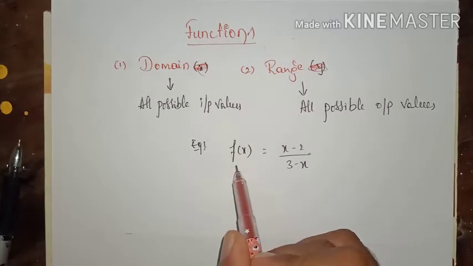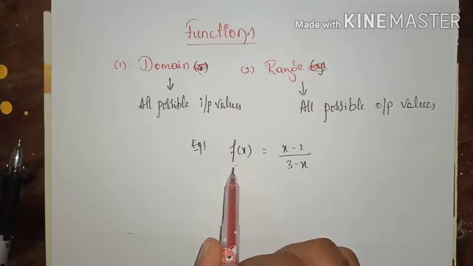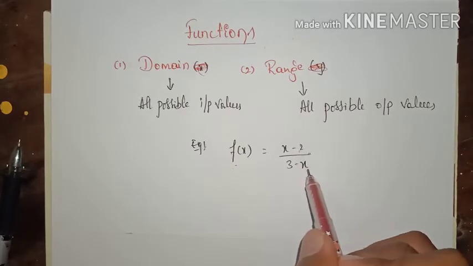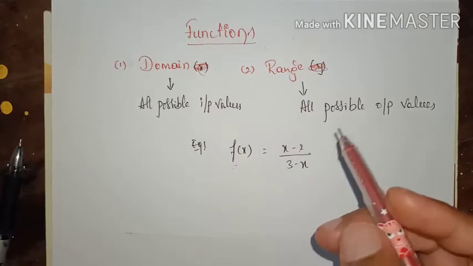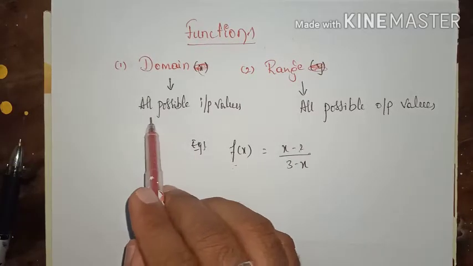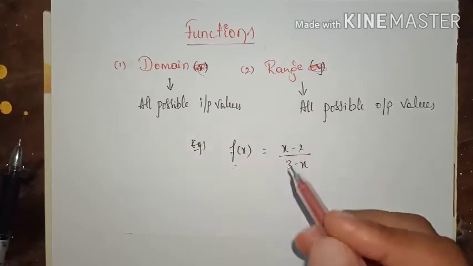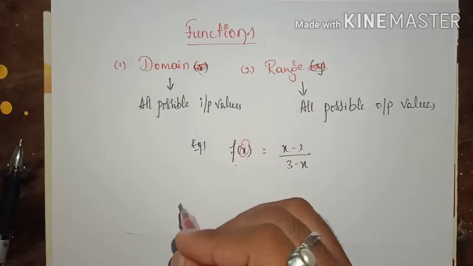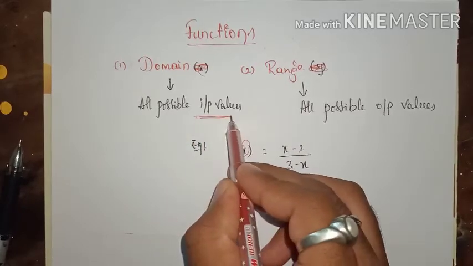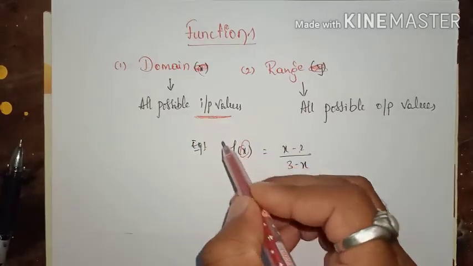For example, an expression f of x is equal to (x minus 2) divided by (3 minus x). Here you can observe the domain, as I told you, all possible input values. For example, whatever value I take for this x, that is what we call input values.